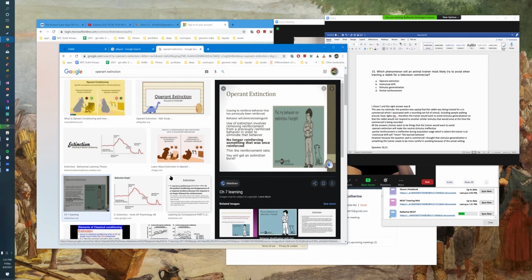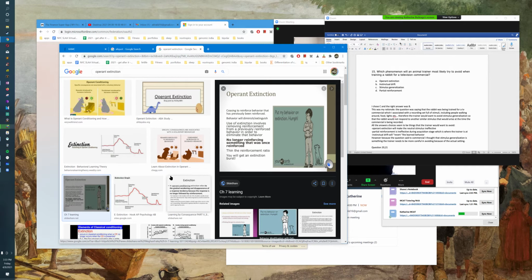I knew that it was going to be either A or B because both involve things that you have taught the rabbit no longer, the rabbit basically forgetting it, right?